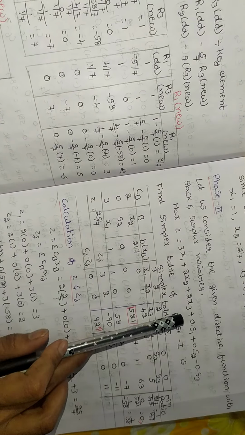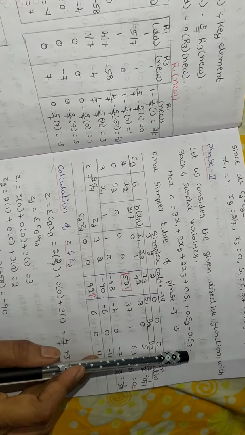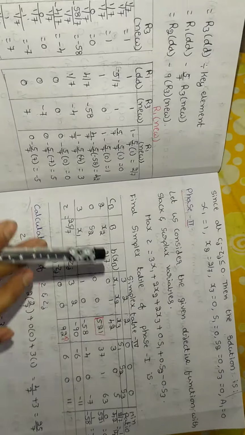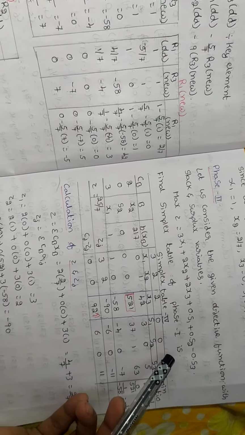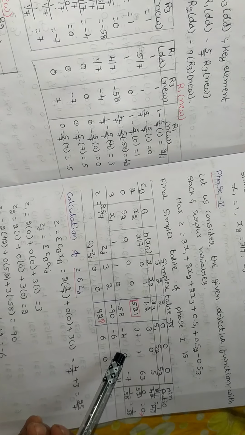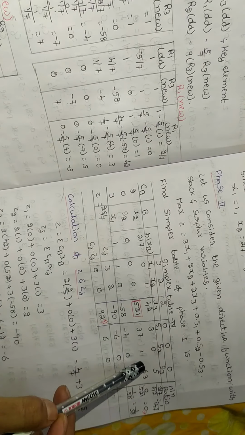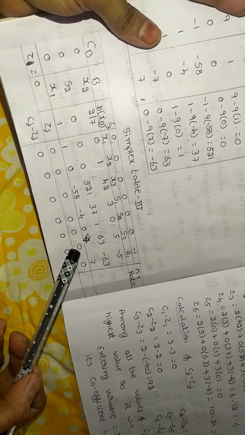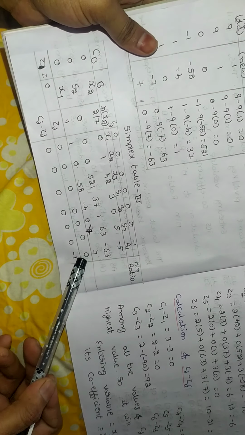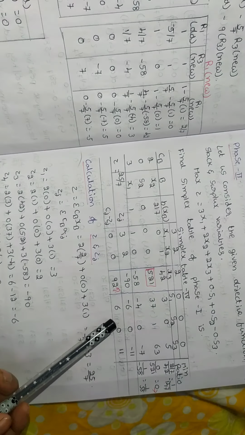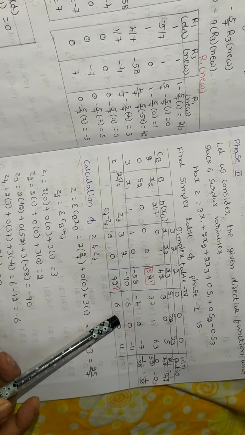Remember one thing here, we won't consider artificial variables because they have already been eliminated from the table in phase 1 itself. Now the final simplex table of phase 1 will be taken here. Instead of writing the actual initial feasible solution, we will take the final table we have already prepared in phase 1. That final table will become the input to phase 2.